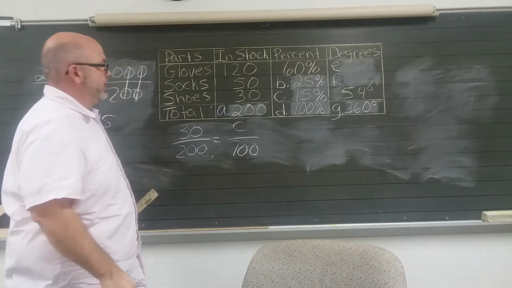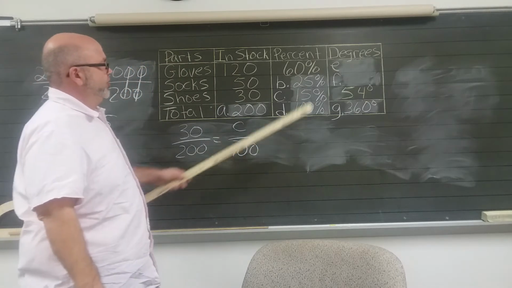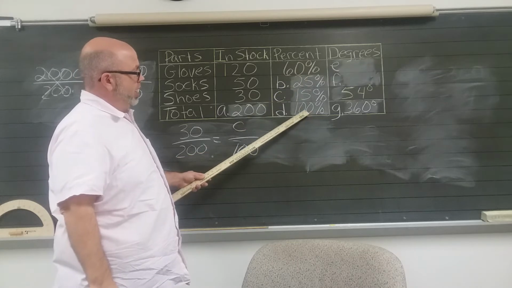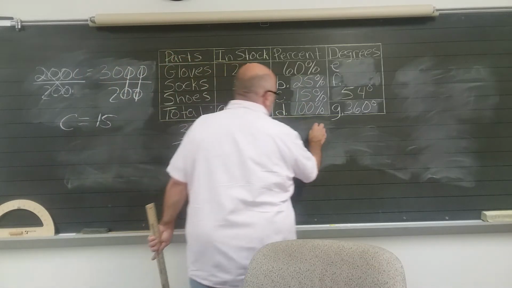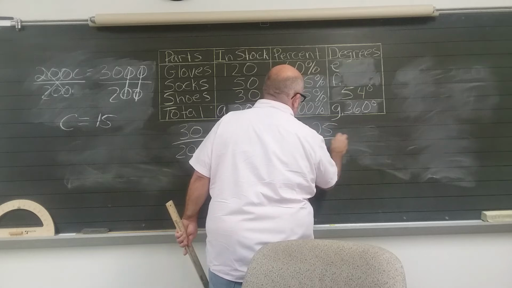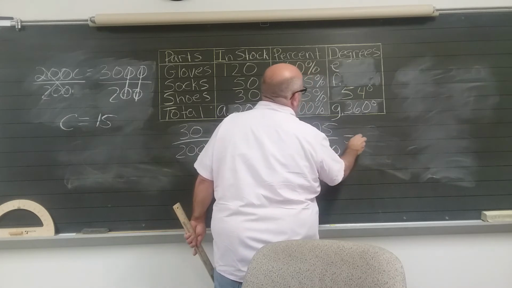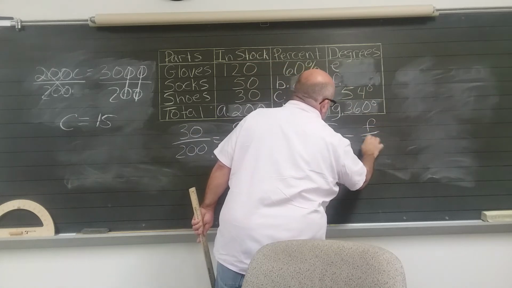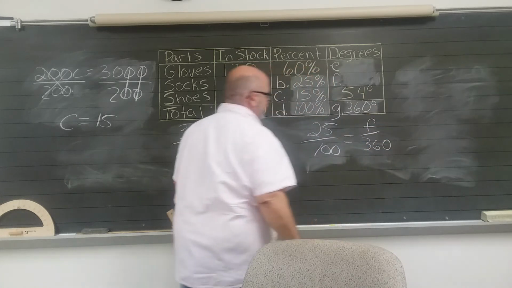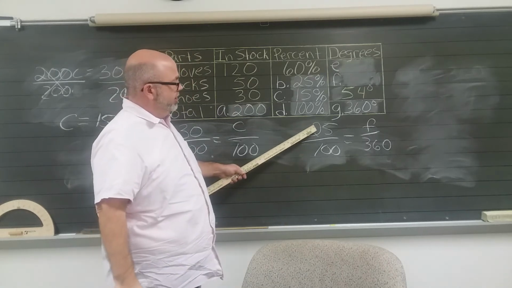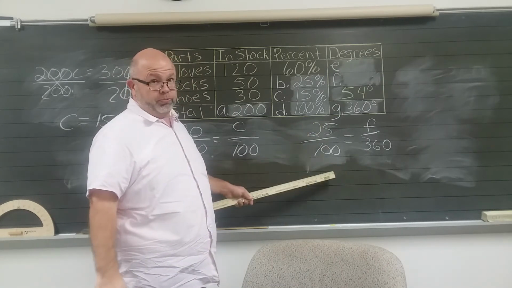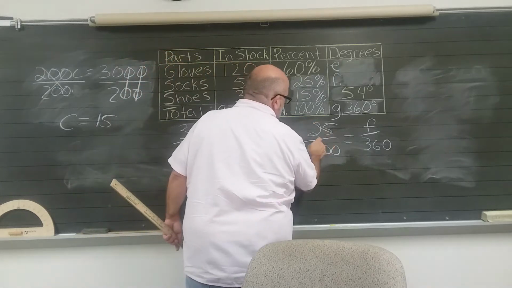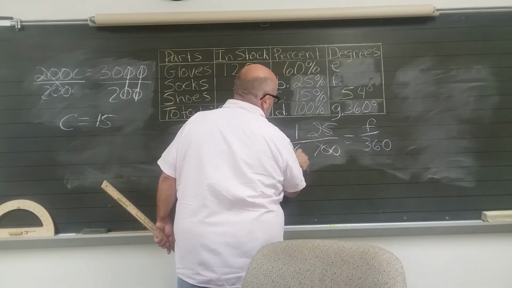All right? Now we do the same thing to find the missing one over here. You can use your 25 now. 25 over 100 equals F over 360. Whenever you're working with proportions, if a fraction is reducible, that'll make your math easier. 25 over 100 reduces to 1 over 4.